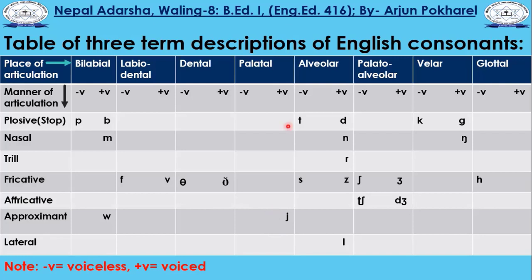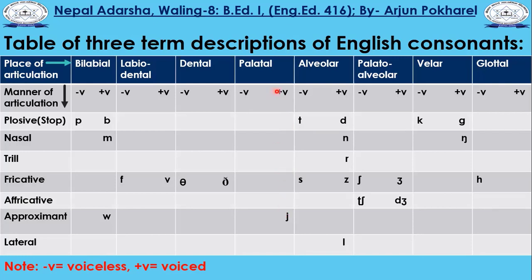You have to describe according to voicing, place of articulation and manner of articulation. Voiceless and voiced are the voicing parts, the two different states of the vocal cords. One is the voiceless state, another is the voiced state of the vocal cords. So here plus voice refers to voiced.